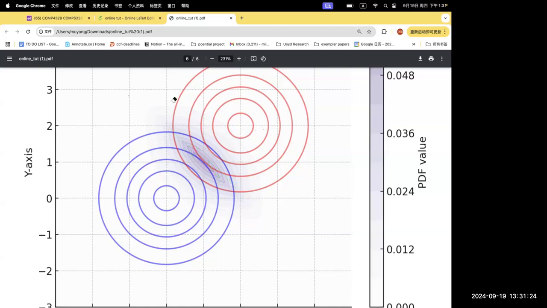Okay, so I think I saw a question that should be addressed right now. What is the meaning of the diameter, right? The diameter of these two distributions is the covariance of the Gaussian distribution. We have a two-dimensional Gaussian distribution, and the diameter is a covariance.